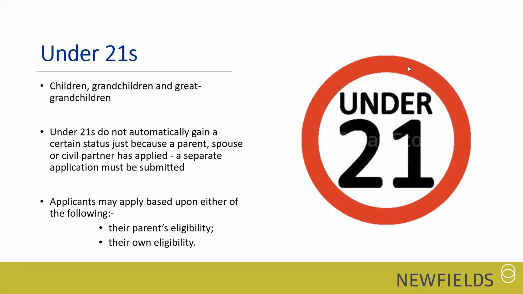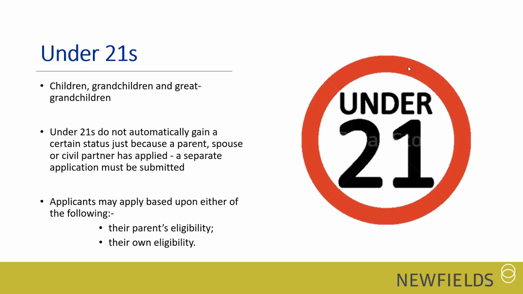But if the child isn't old enough to have had settled status in their own right through being resident for 5 years, or it's more difficult sometimes to prove that, but one parent has settled status, then the child can apply using that parent's eligibility, and therefore they can gain settled status regardless of the fact that they may not have been in the UK for 5 continuous years residency.